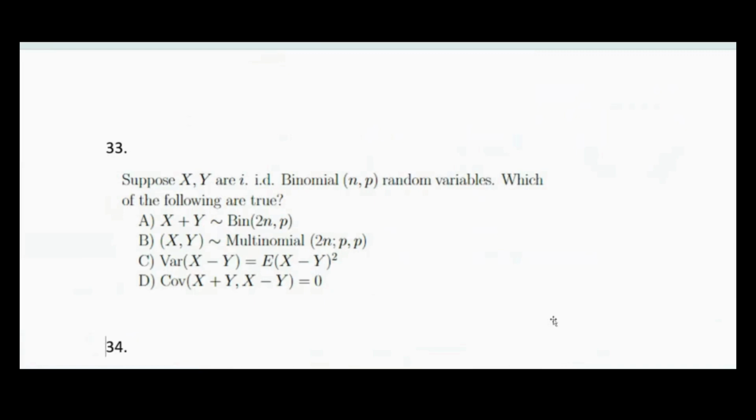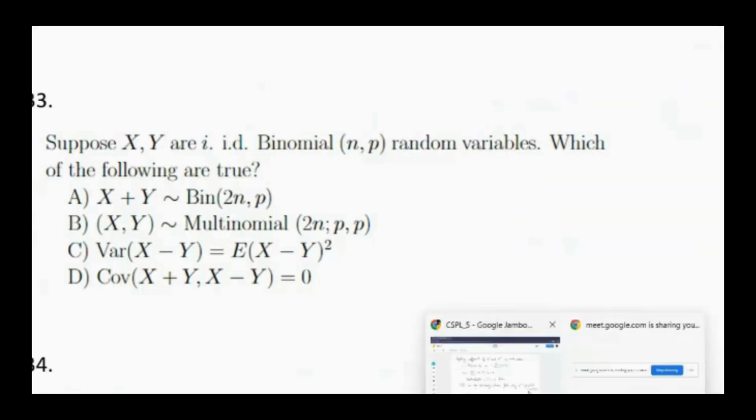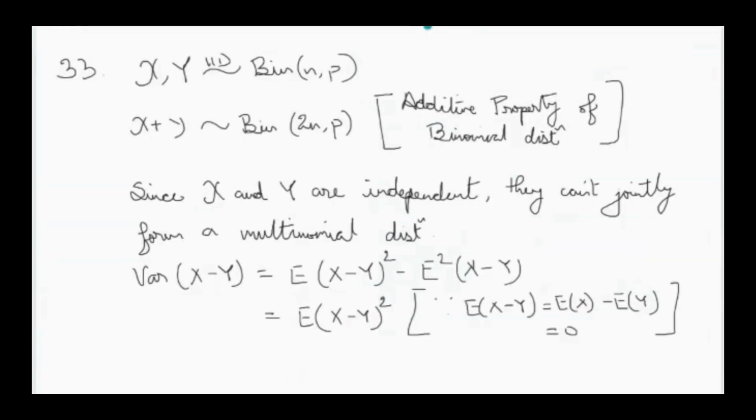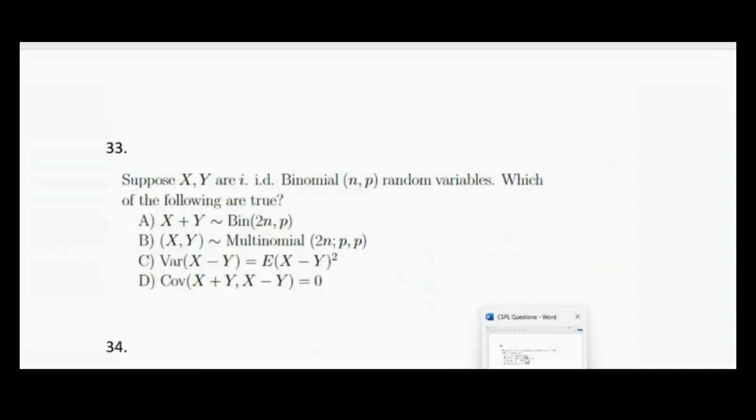So the first option is X plus Y follows binomial(2n, p). Obviously that's a very trivial problem because it directly follows from the additive property of the binomial distribution. So X plus Y definitely follows binomial(2n, p). The next option is (X, Y) follows multinomial(2n, p, p).